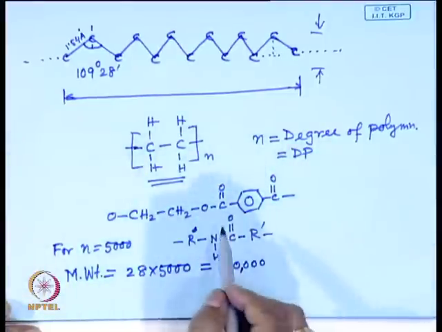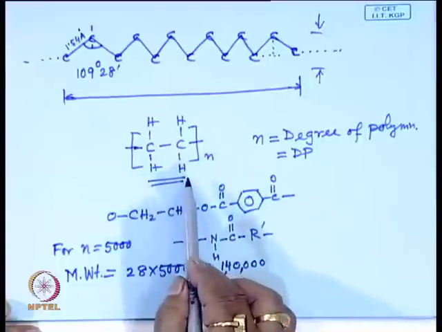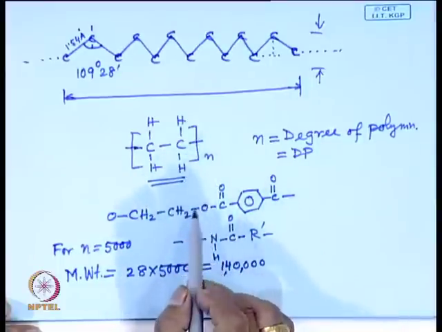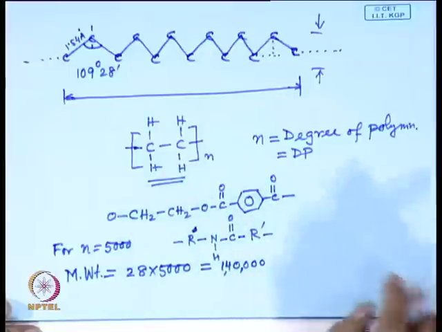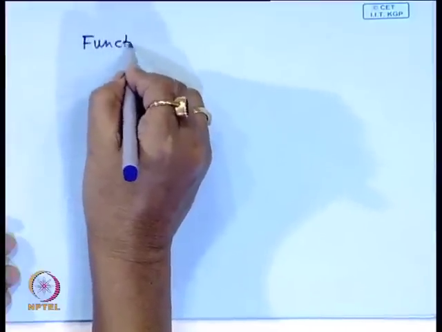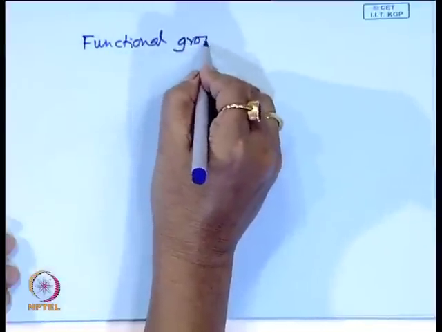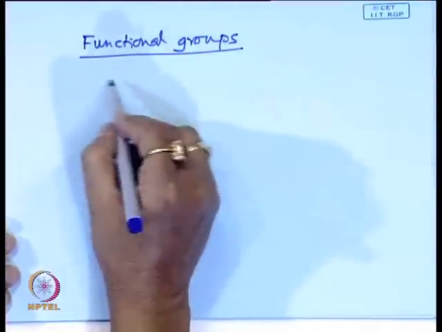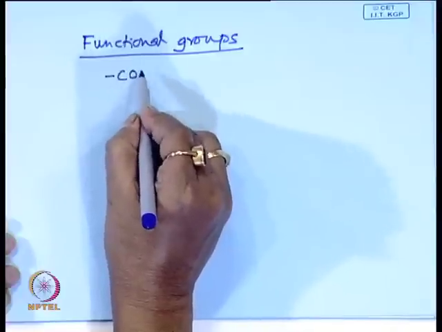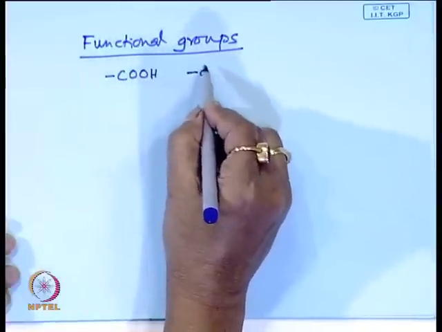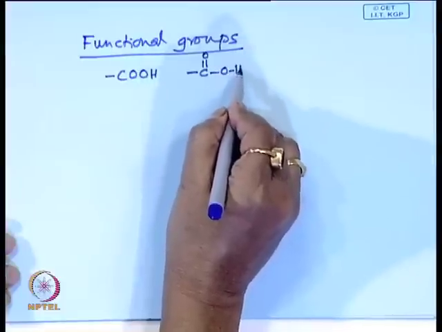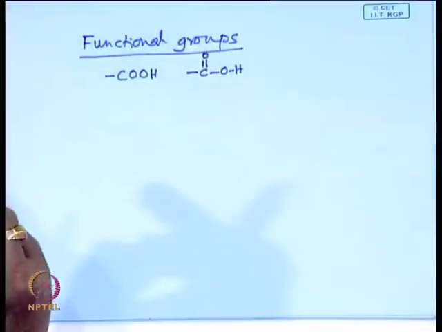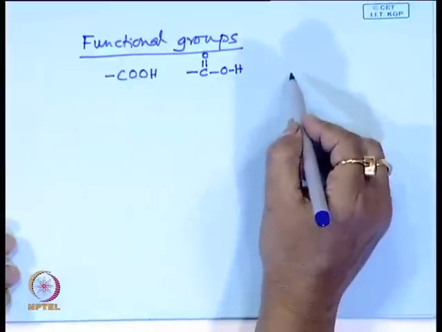Then functional group. Now, there is no functional group in polyethylene, as we know. By functional group we mean, say, a carboxyl group, a group like this, attached to the polymer backbone chain.